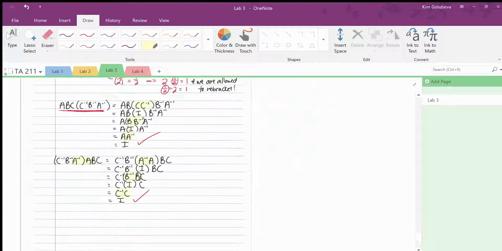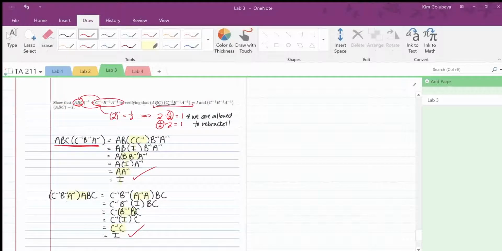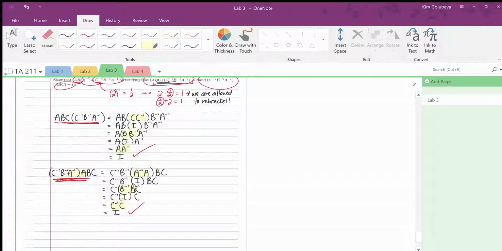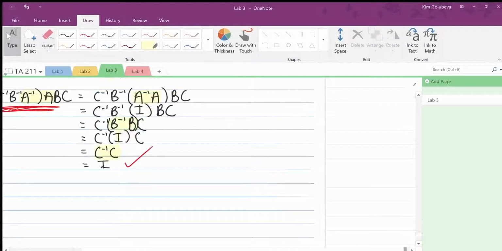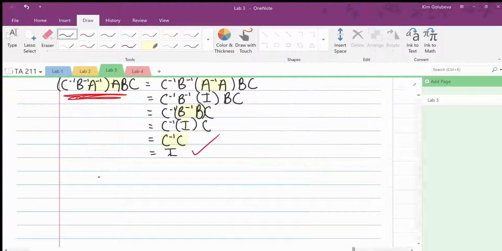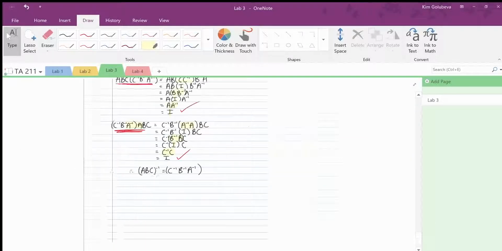In this case, we have verified that these two things are true. And so we can say, therefore, the inverse of ABC is in fact C inverse, B inverse, A inverse. Okay, so that's our answer here.